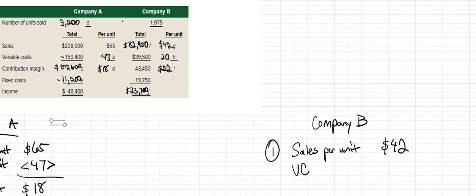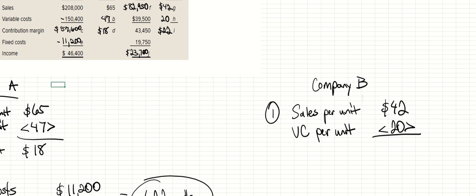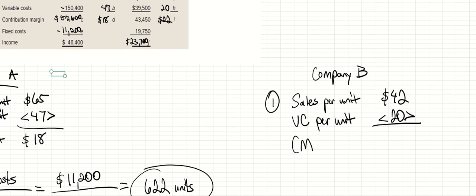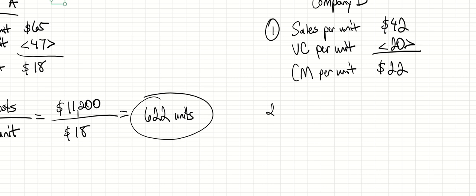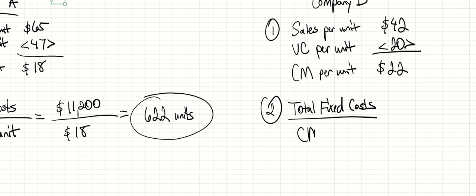Variable cost per unit, which is $20, which means that our contribution margin per unit is going to be $22. Step 2, compute the break-even in units. So we're going to bring in the formula of total fixed costs divided by contribution margin per unit.